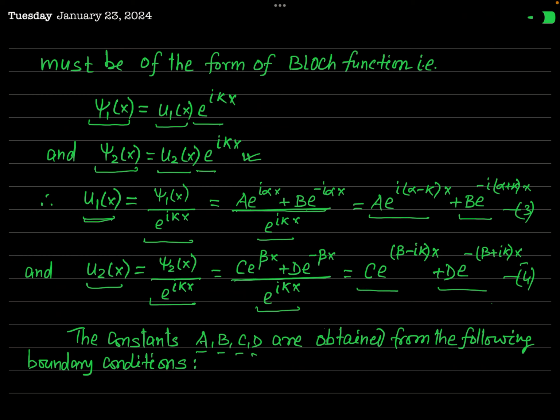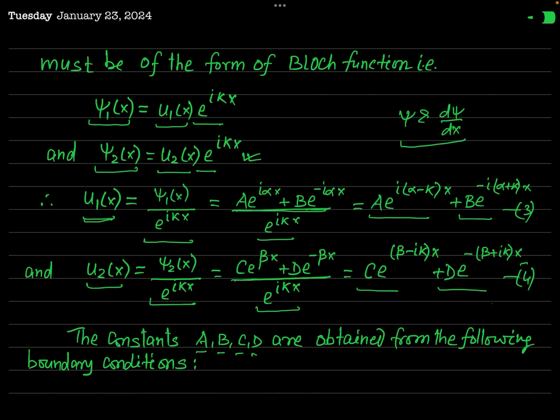The wave function satisfies the proper boundary conditions: wave functions are continuous at a boundary, and their first order derivatives are also continuous. Okay? So you can say that psi and its derivative d psi by dx will be continuous at the boundaries.